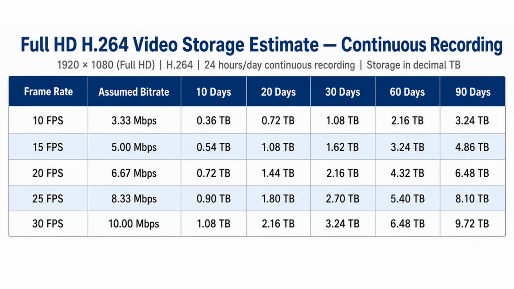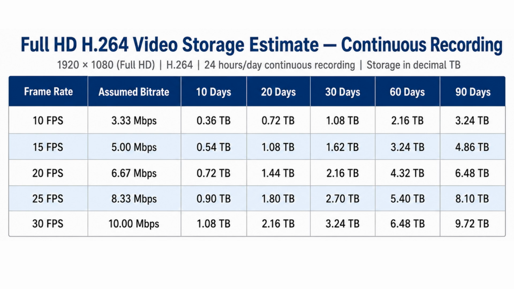This table estimates the storage needed for continuous full HD video recording using H.264 compression. The rows show frame rates from 10 to 30 FPS, while the columns show recording durations from 10 to 90 days. As frame rate increases, the assumed bitrate also rises, so storage requirements increase significantly.